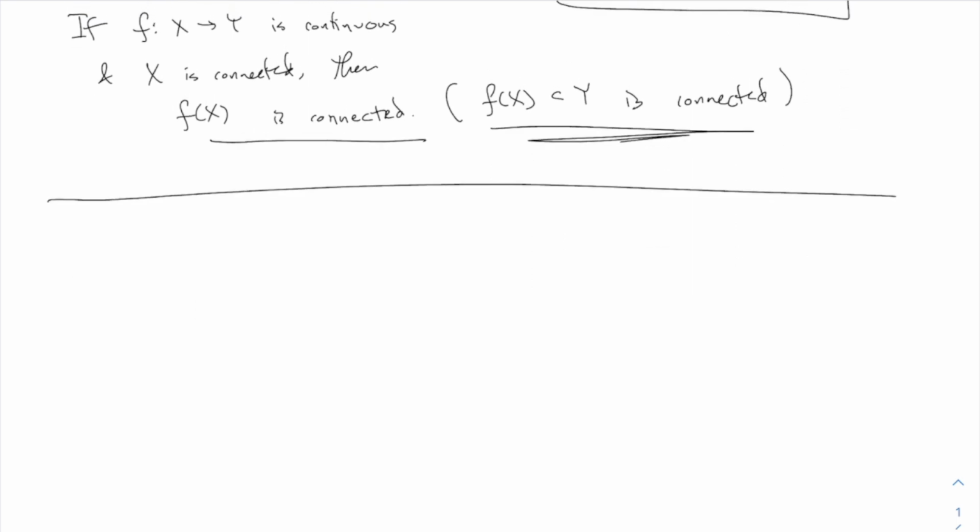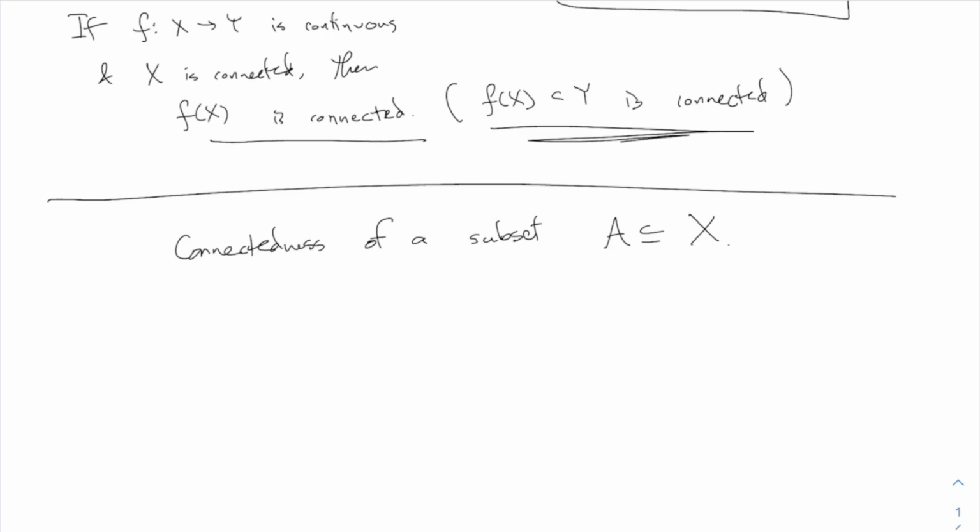So in general, let's talk about connectedness of a subset of X, right? We already know what it means for X to be connected. Basically, it means the same thing, but it means that A is connected if you consider A using the subspace topology, which is the natural thing to do here.